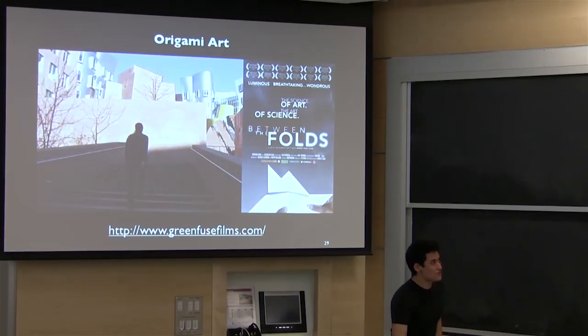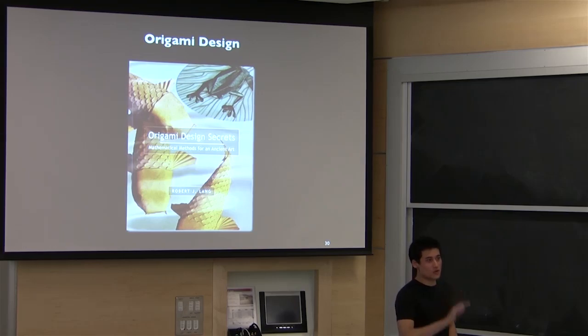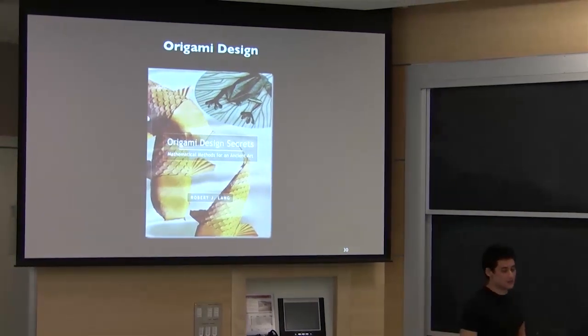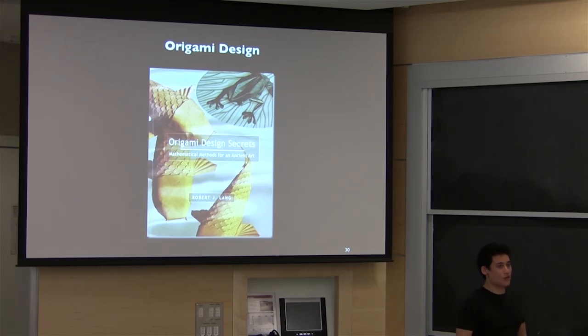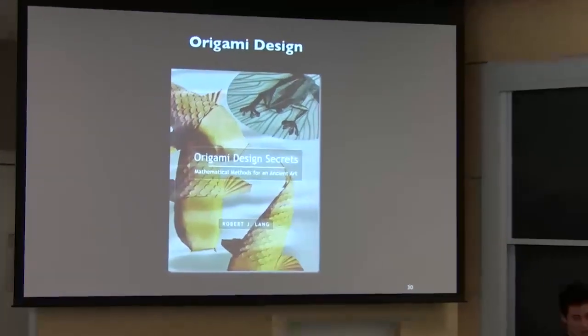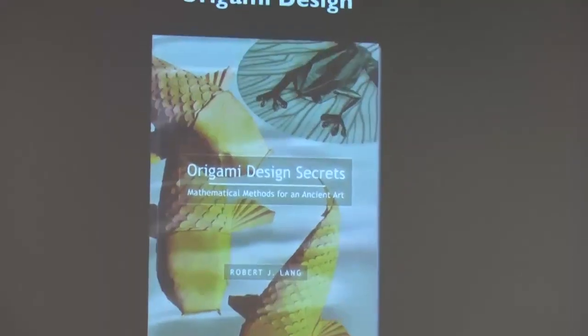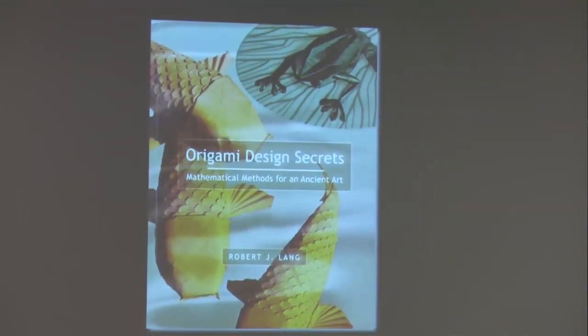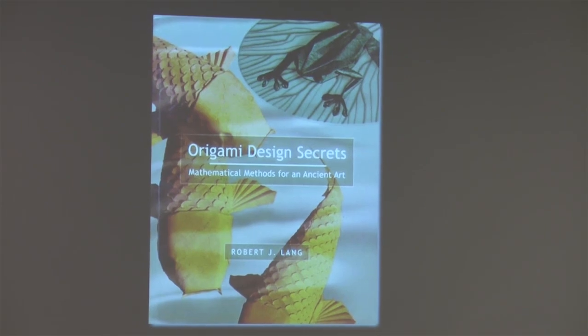Now we're going to move on a little bit to origami design. We've learned what the algorithms are behind a lot of origami design, but now we're going to see how that applies more directly to creating a representational work of art.